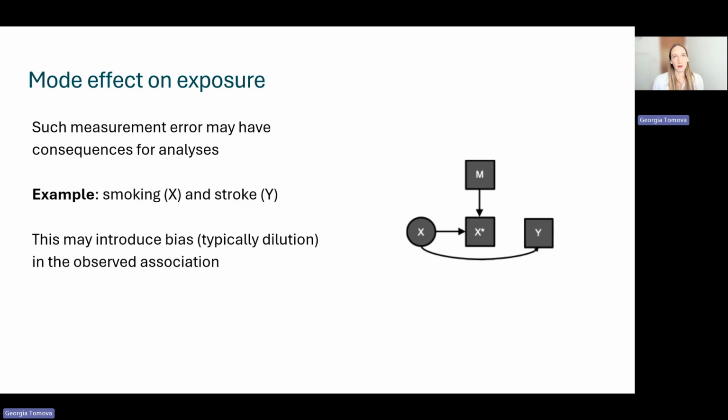When the exposure is subject to a mode effect, this can actually introduce bias in the observed association between X and Y. Typically, this will be in the form of dilution, which means that the bias will attenuate the observed estimate towards the null. However, the solution to this is the same, and if we can condition on mode or control for mode, we can resolve this. So regardless of whether we have a mode effect on the exposure or the outcome, the solution is the same.